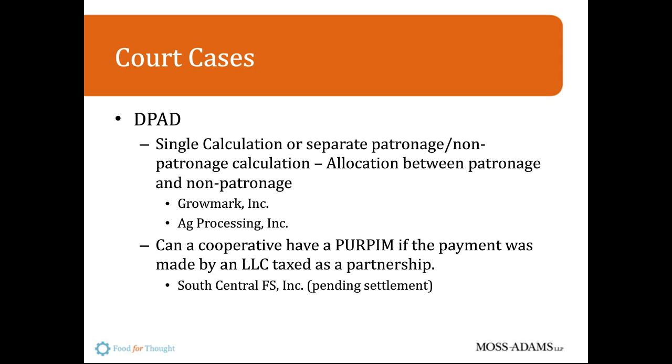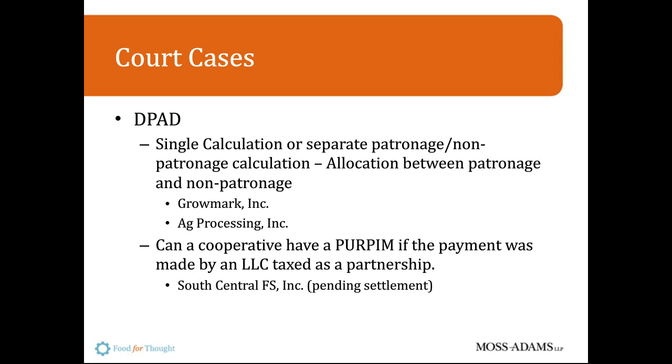Basically, the issue there is if co-ops have to do two separate calculations, we end up moving wages and income between patronage and non-patronage. And usually what happens in a two-calculation scenario is that the overall deduction is lower than what it would otherwise be if it was just done on one calculation.